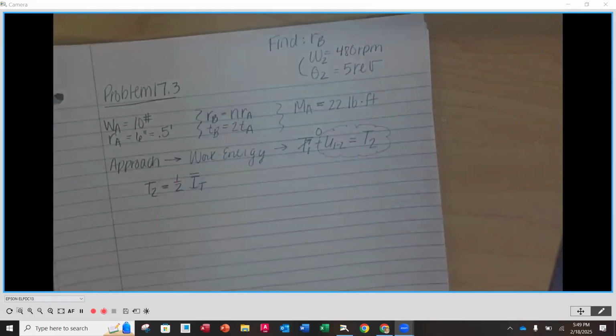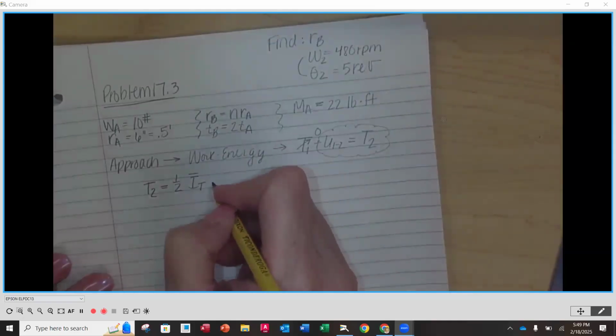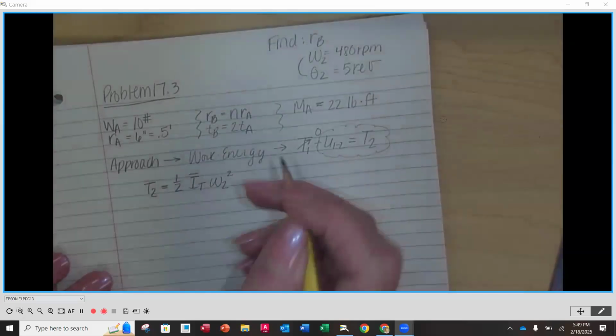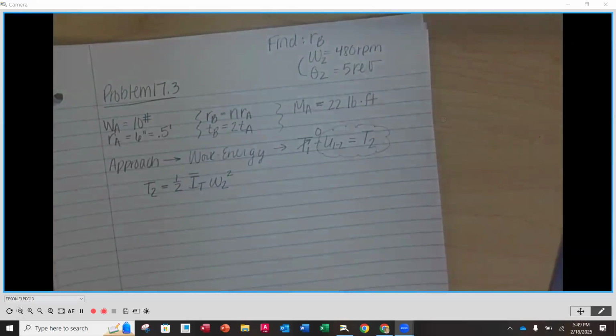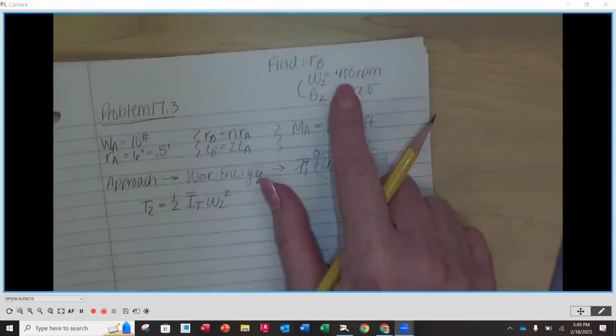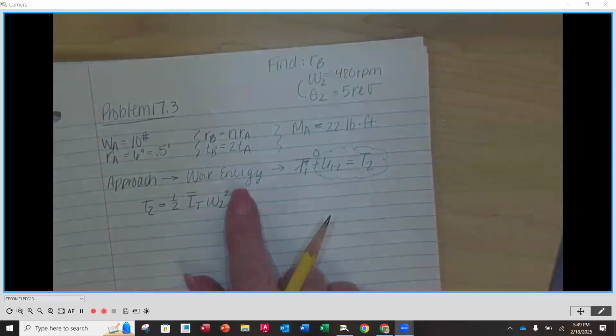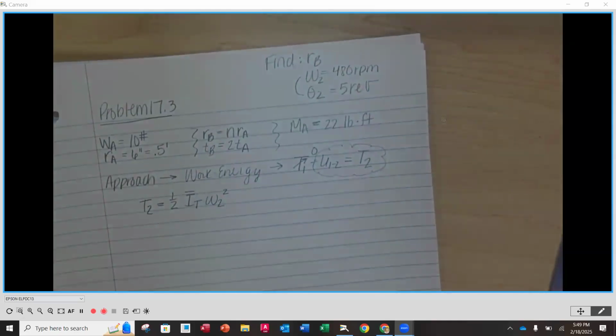Okay, so it's the total moment of inertia times the angular velocity of the system squared. Okay, and we're going to be using not the 480 directly, but we're going to have to convert this to radians per second to go in there, but that's going to be that value.